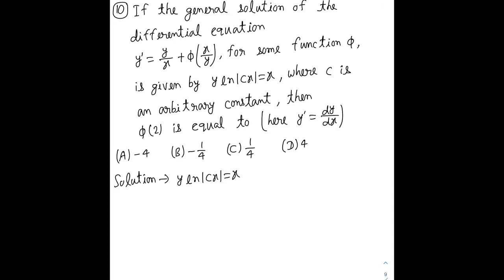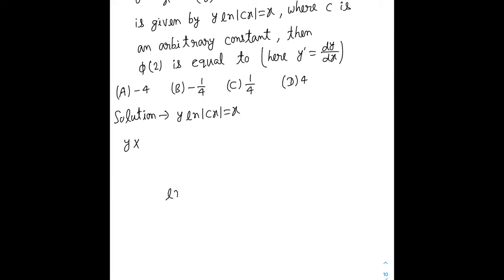When you differentiate with respect to x, first you have to treat this as u into v. So if y is constant, you need to differentiate log mod cx. Log mod x differentiation is nothing but 1 by x. Why? Because if you take two different cases, one case would be if x is positive, it would be ln x.